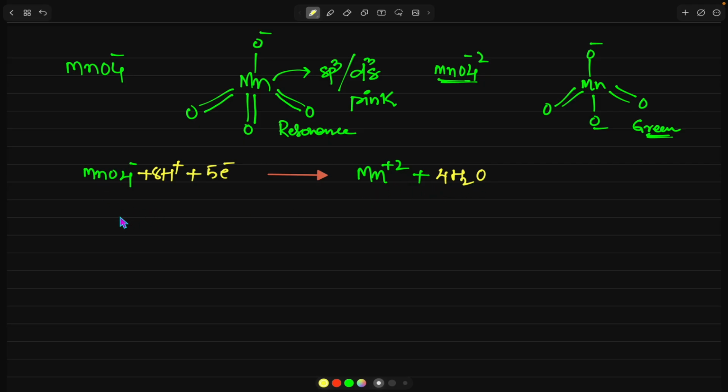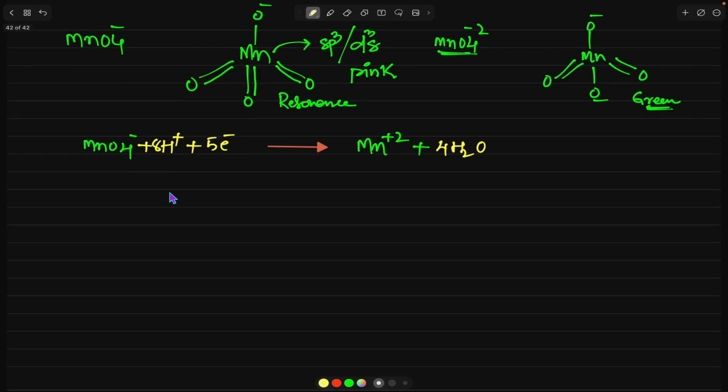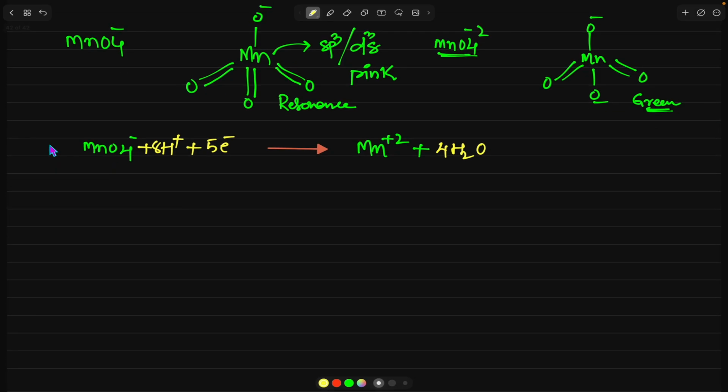So this is going to oxidize any molecule which can be oxidized. For example, we have done SO3 2- being oxidized to SO4 2-, right? So we will balance this also in acidic medium.